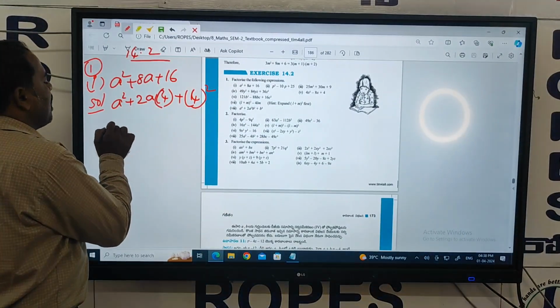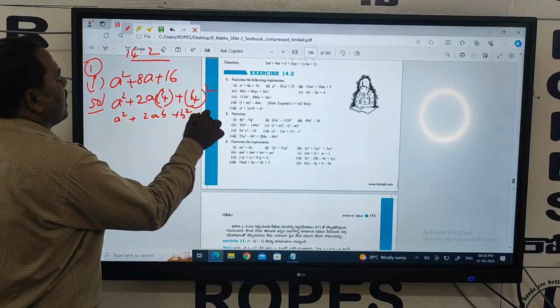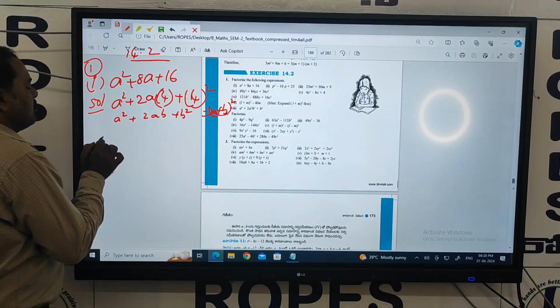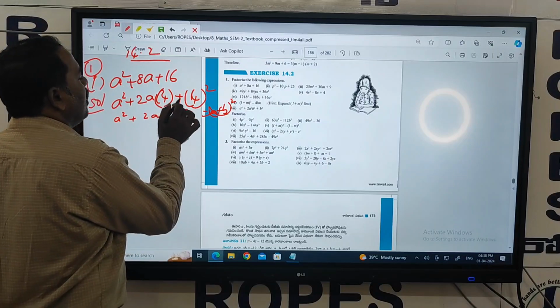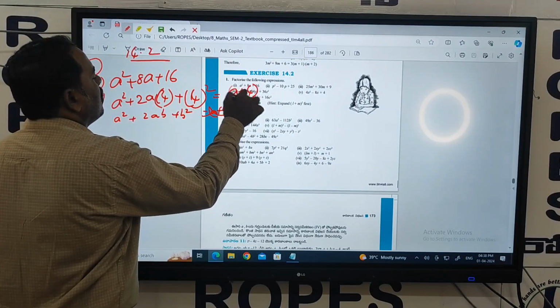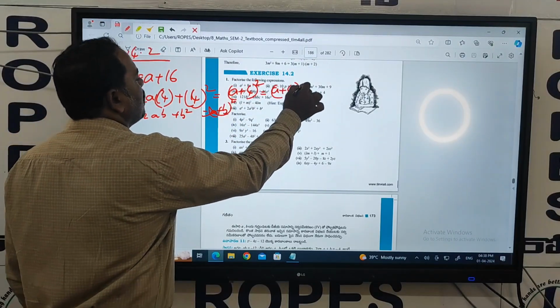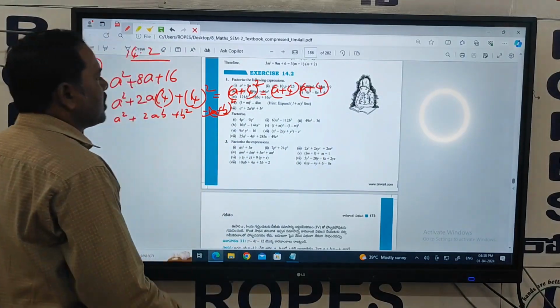Now it is in the form of a square plus 2ab plus b square, which is equal to (a plus b) whole square. Similarly, a square plus 2 into a into 4 plus 4 square we can write as (a plus 4) whole square. That again we can write as (a plus 4) into (a plus 4). Okay, so like this we can write.